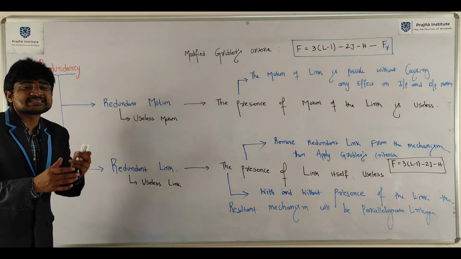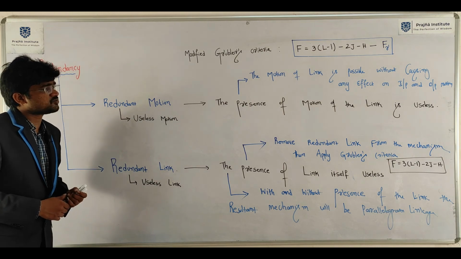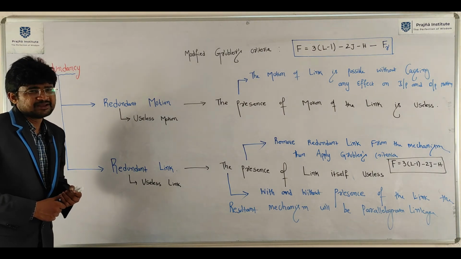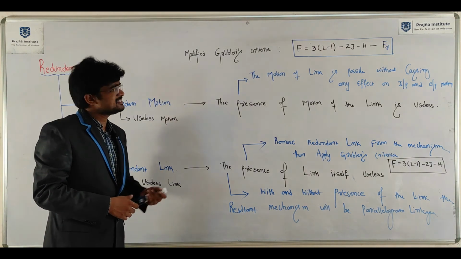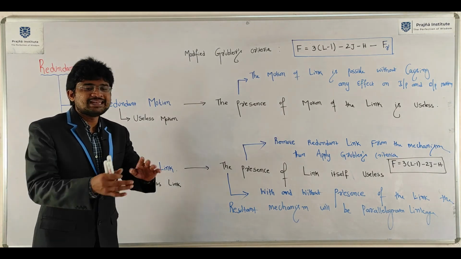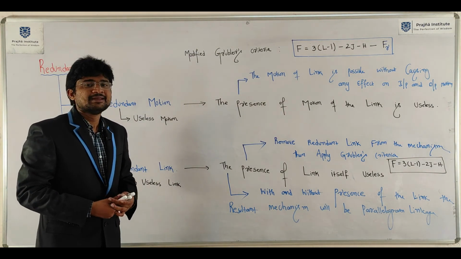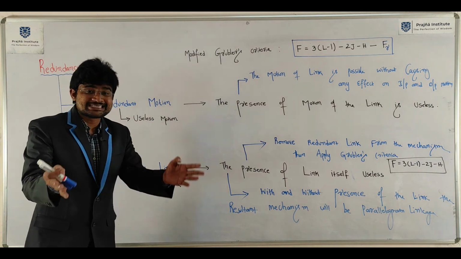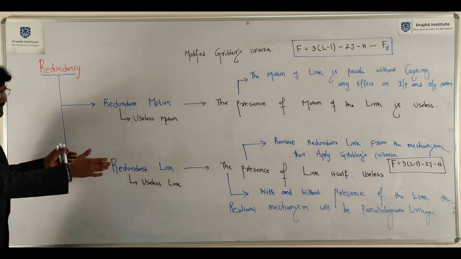Very few mechanisms. In most cases Grubler's criteria is enough to determine degree of freedom of a particular mechanism. In very few mechanisms, it gives wrong results while finding degree of freedom. What are they? We need to discuss in this session. Write down up to here.